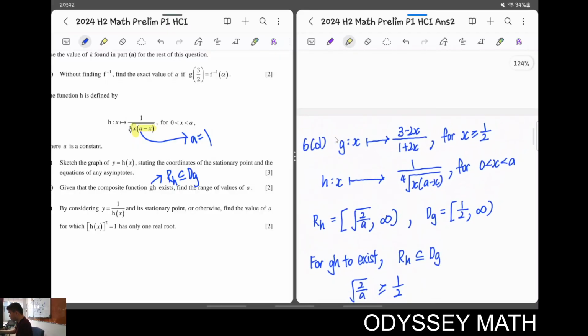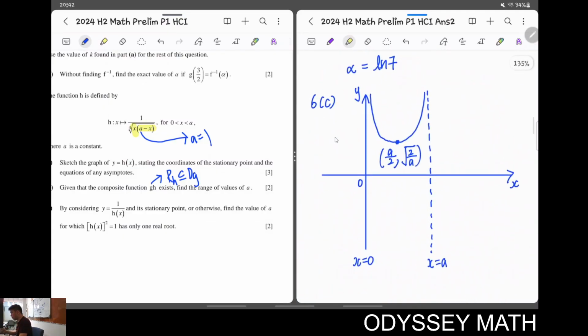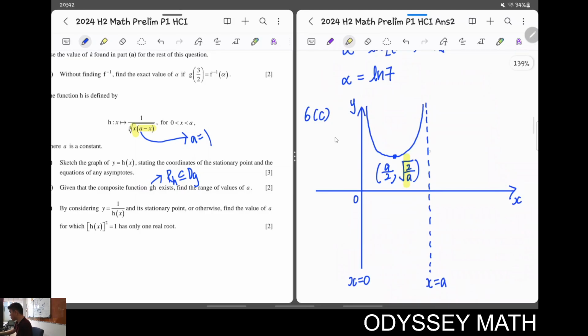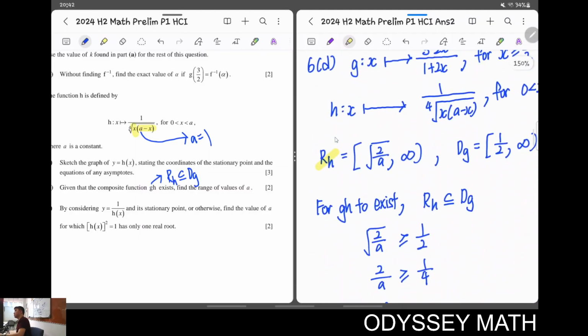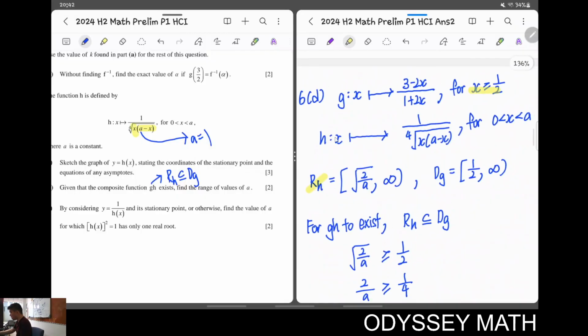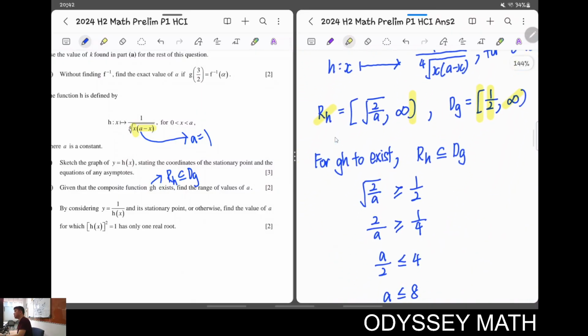So the range of h literally is from square root 2 over a all the way to infinity, agree? And then the domain of g is half to infinity. Remember the square and the curved bracket. So for gh to exist, the range of h must be a subset of the domain of g.